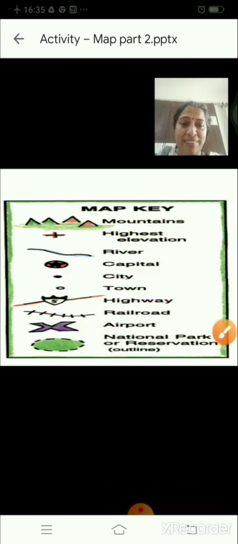This one railroad. This one airport, and this one national park. So a legend is given in the map so that you get the key for the symbols, that is, the symbols as well as the meaning of the symbol is given there, so that you can understand. So is that clear, students?